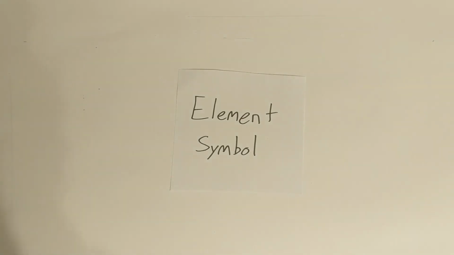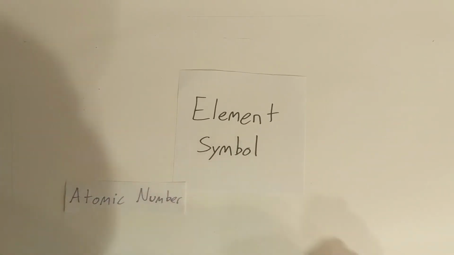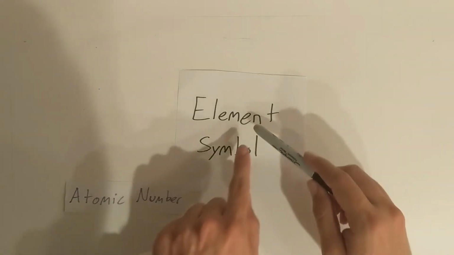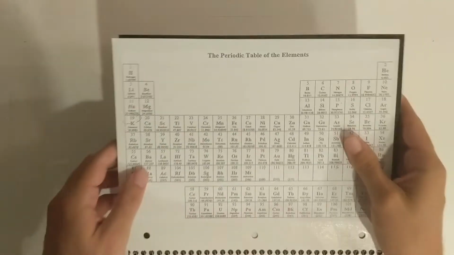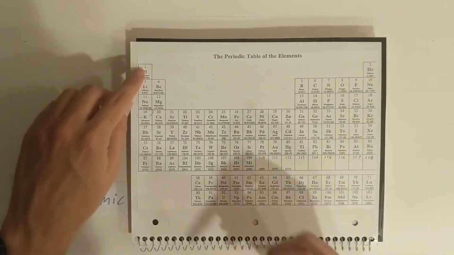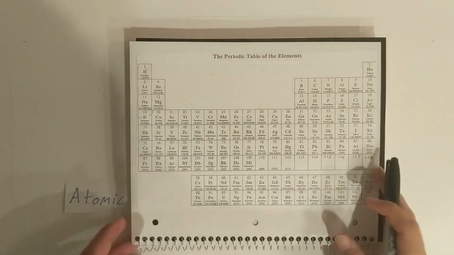And then we would put the atomic number on the bottom left. So one thing I want you guys to remember is the atomic number is always unique for the element symbol. So if it was hydrogen, our atomic number would always be 1. Or if we had a carbon, our atomic number would always be 6.